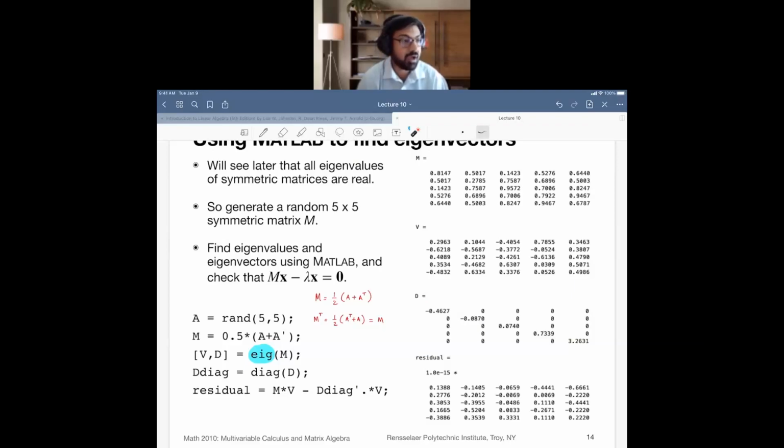So it'll have 5 rows and 1 column. The 5 rows will have these 5 elements. So I'm essentially taking these 5 elements and arranging them in one vector.